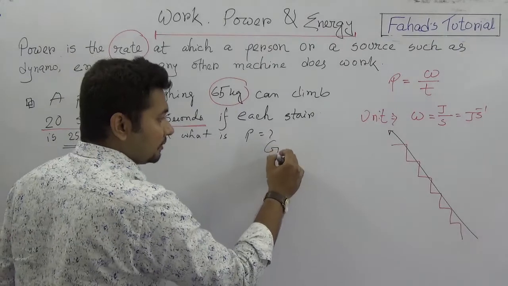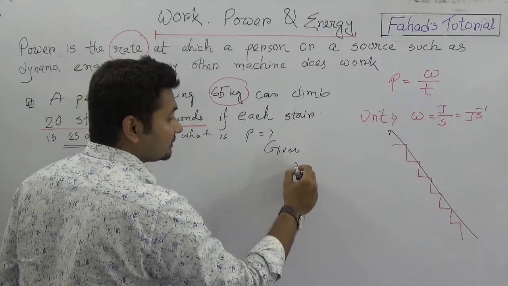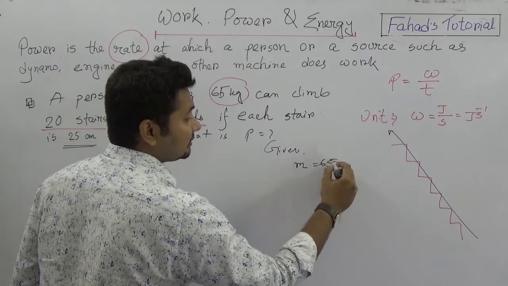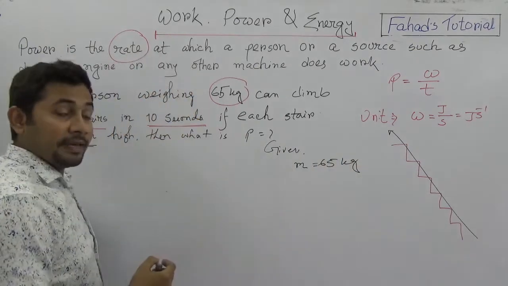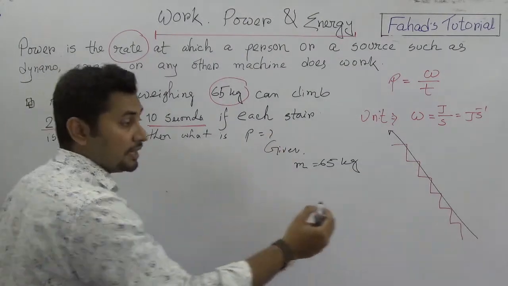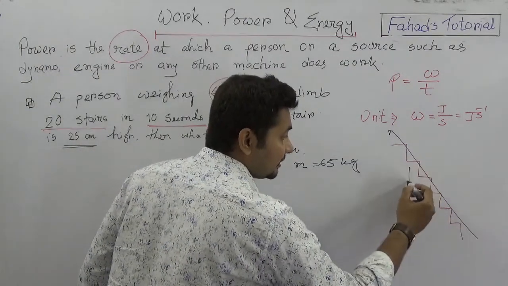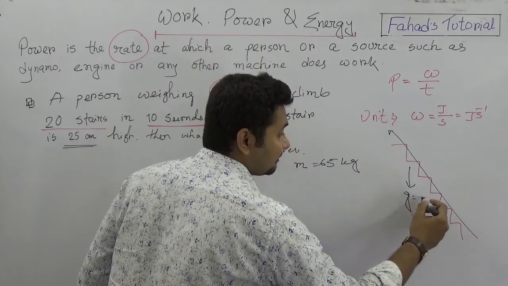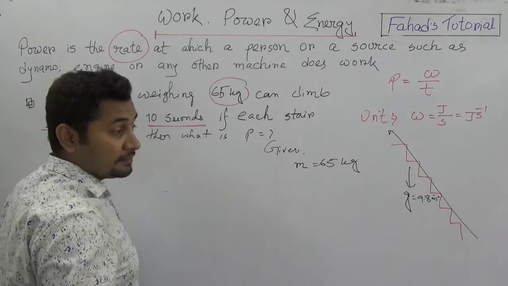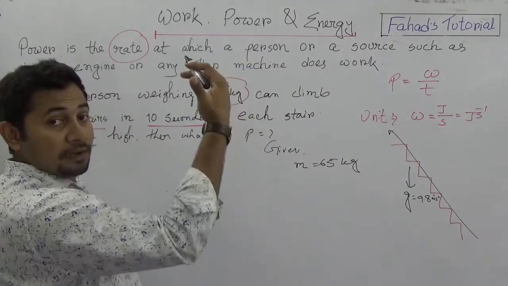So we know that given is M, the mass of the body, 65 kilogram, and it's very important that in this case we have to consider the acceleration due to gravity, 9.8 meter per second square, as the body is moving upwards.